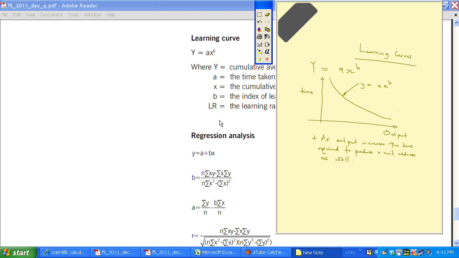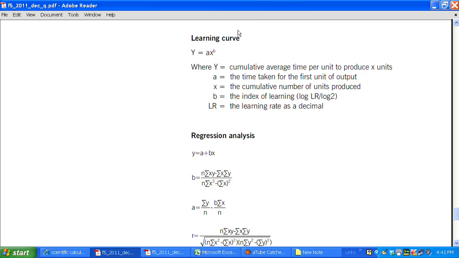So that's the whole concept of learning curves: as you keep repeating the same task, the time required to complete that task keeps on reducing, and we can express that relationship in a mathematical formula given by y is equal to ax to the power b, where y is the cumulative average time per unit, a is the time taken for the first unit of output, and x is the cumulative number of units produced.